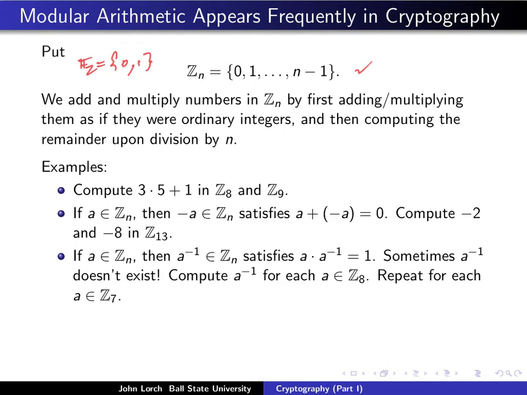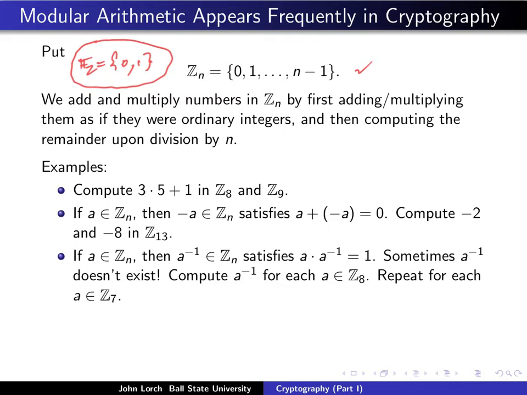And then we can add and multiply numbers in Zn by just adding and multiplying them as if they were ordinary integers, and then computing the remainder upon division by n. So this arithmetic that I'm describing on Zn, if n is equal to 2, then you wind up with this exact arithmetic that we considered when we were talking about linear codes.